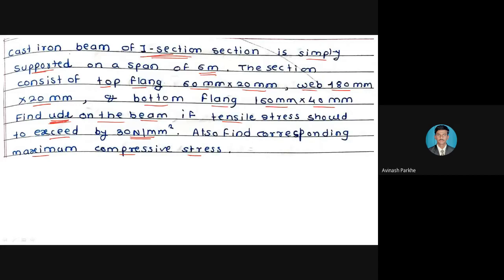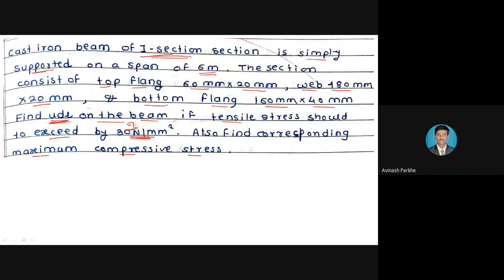We have to calculate that UDL value in terms of Newton per mm or kilonewton per meter. For that UDL calculation, the tensile stress should not exceed 30 Newton per mm square. Tensile stress means one bending stress is given, which is called sigma T. This is the bending stress developed in that particular beam.